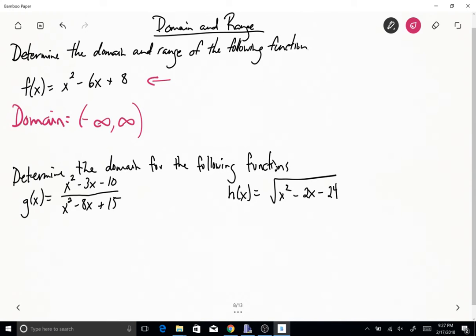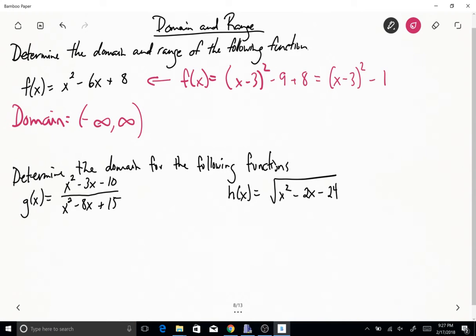You could use negative b over 2a and all that jazz, or you can complete the square. I'll go back to completing the square just because it tends to give people a little bit more trouble. So x minus 3 the quantity squared, but notice I added in an extra 9, so I've got to subtract 9, then I go plus 8. So that means this equation is x minus 3 the quantity squared minus 1.